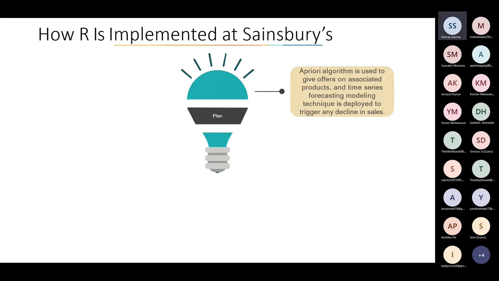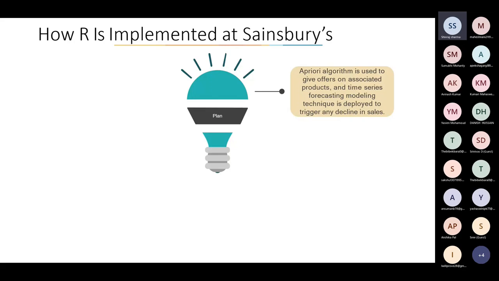If the sale is going down, they do not wait for the moment when the analytical sheets or the sale sheets come in front of them at the end of the month. Instantly, our language, through its modeling and its analytical system, gives an alert as well as implements some offer on the products that are going downward.